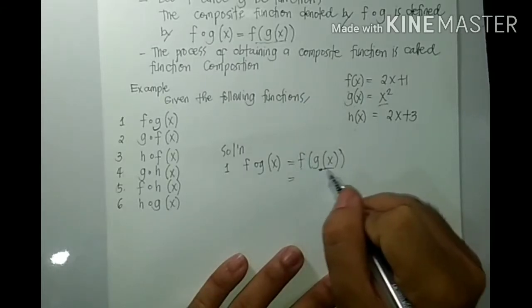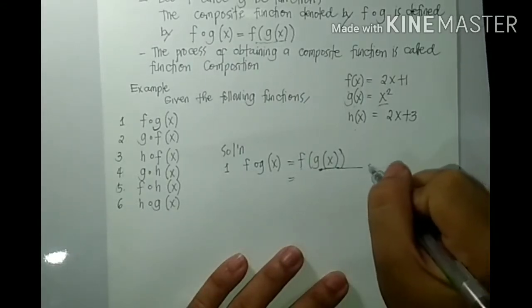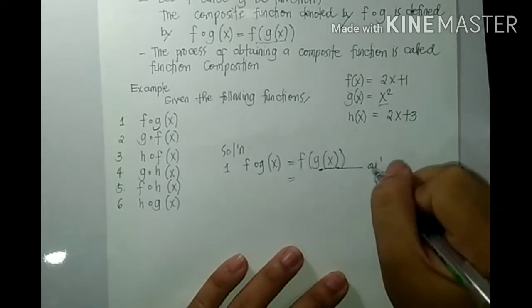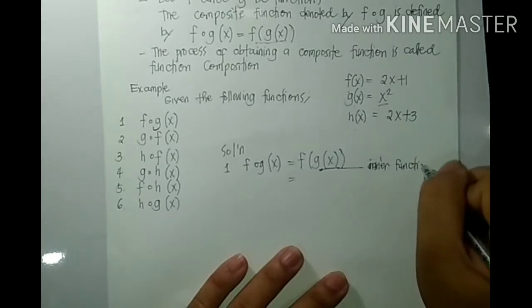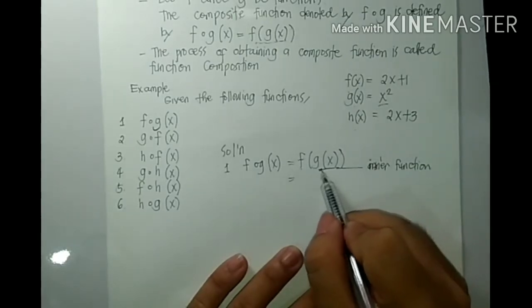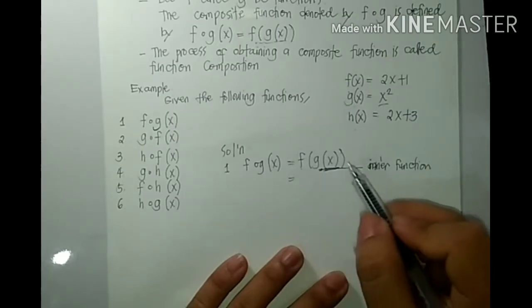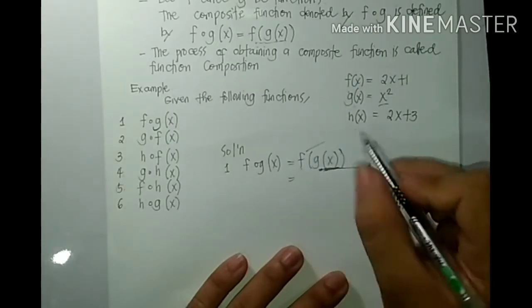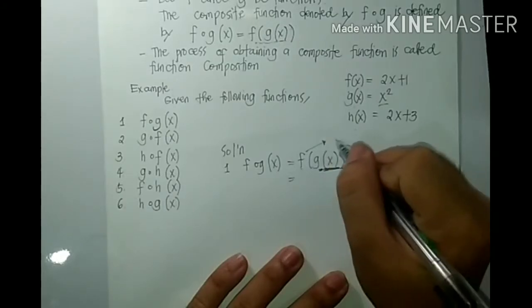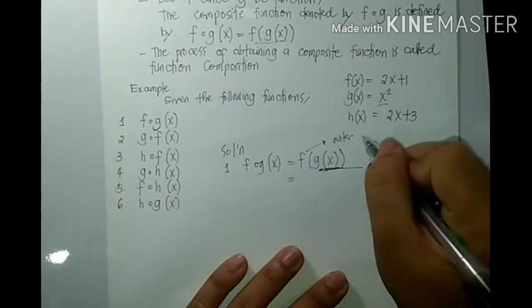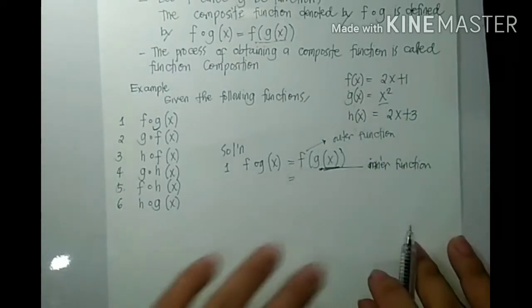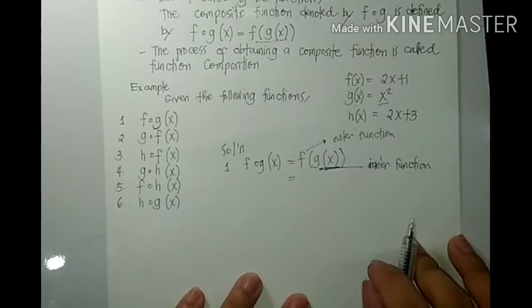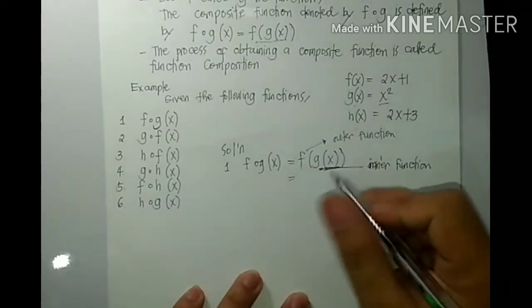Our g of x is what we call the inner function, and f of x is what we call the outer function. These are the functions that can be found in a composition of functions.